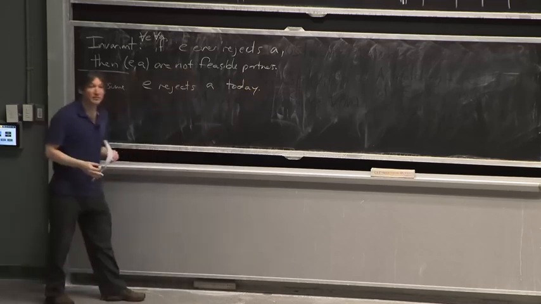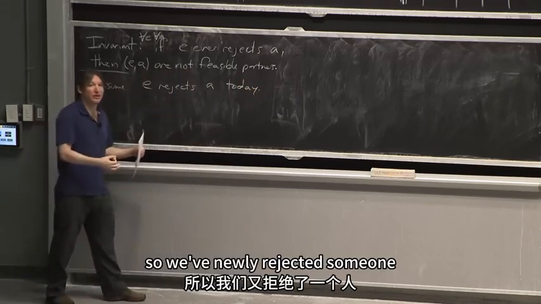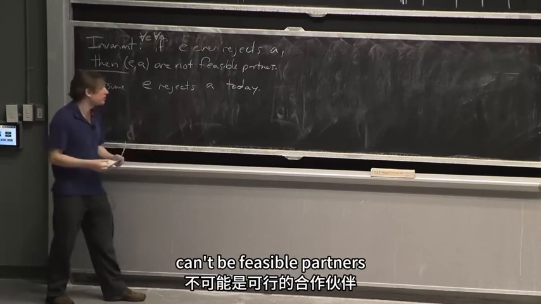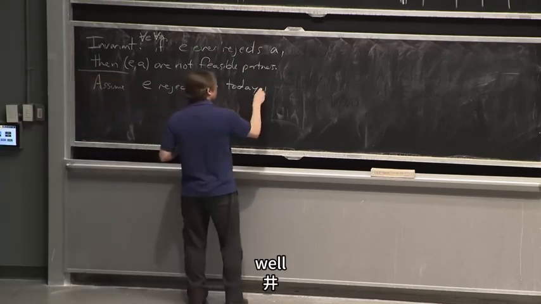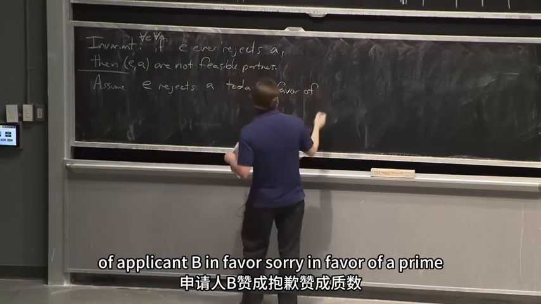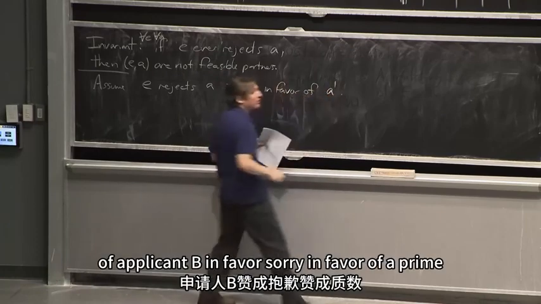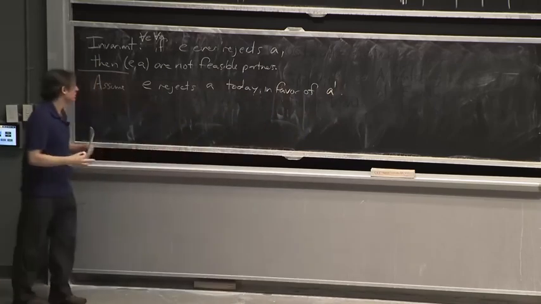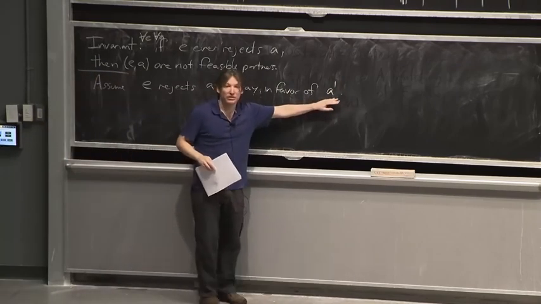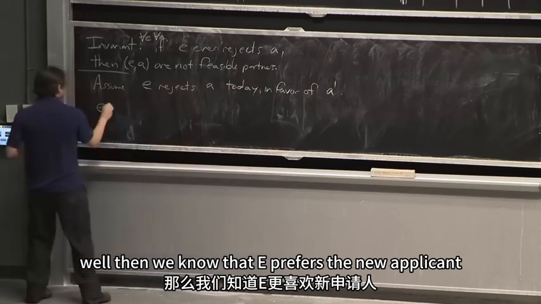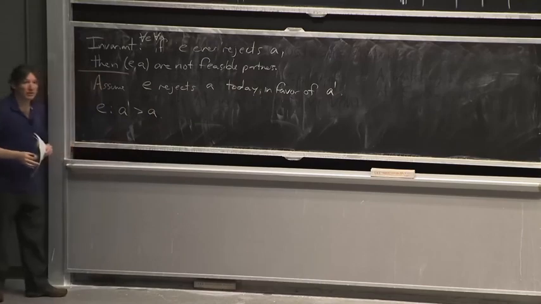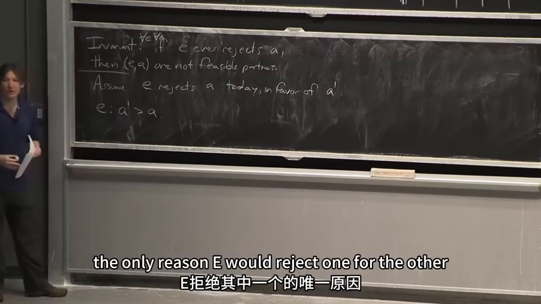So we've newly rejected someone, and now we're going to show that E and A can't be feasible partners. Well, in favor of applicant B, in favor of A prime. So if E rejects this applicant in favor of that applicant, then we know that E prefers the new applicant over the old applicant, because that's the only reason E would reject one for the other.